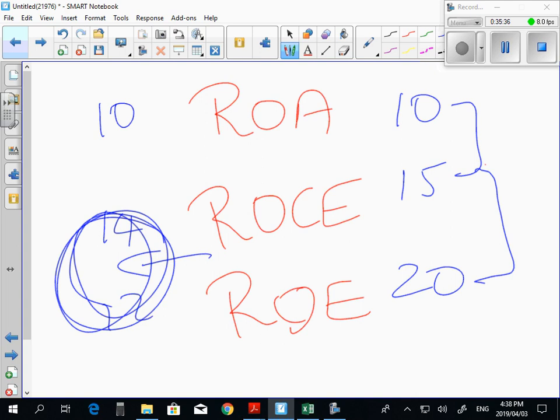So on ROA, ROCE, ROE, I'm trying to just write down something about 10, 15, 20. You'd expect it to go up. That type of scenario. Guys, I've only used 3 of the terms, but you'll see that there are more than that in between. So what generally tends to happen is return on assets is everything.